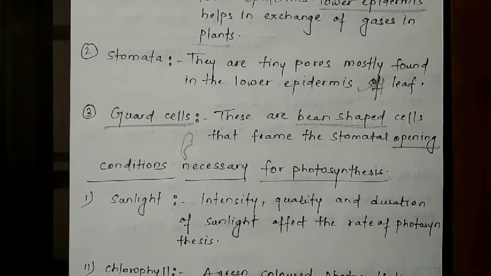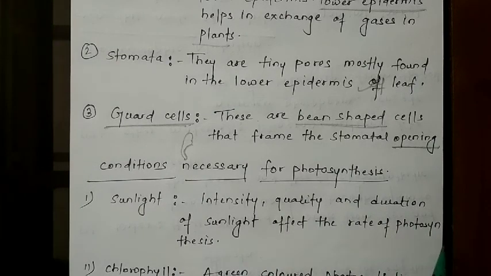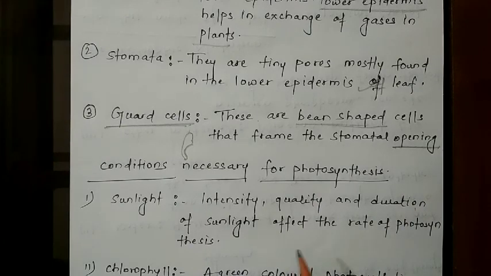So the intensity, quality and duration of sunlight affect the rate of photosynthesis. In winter season, if the intensity of light is less, the rate of photosynthesis is also less, because the intensity and duration of sunlight is less during winter.